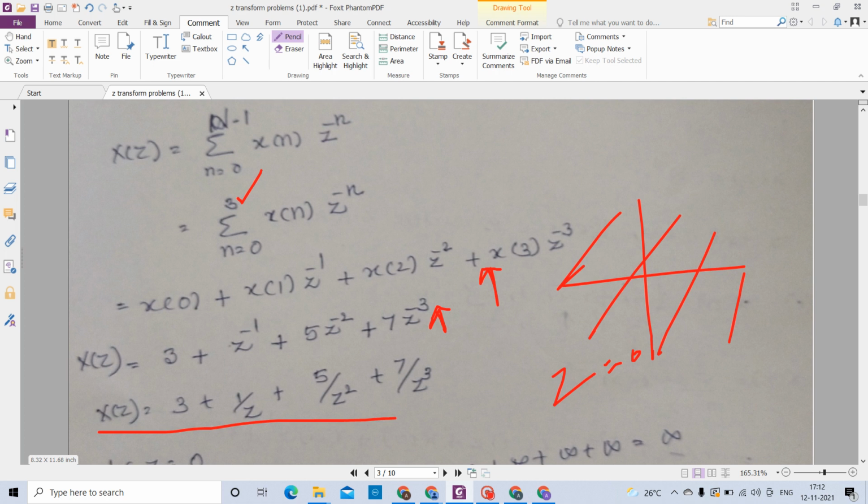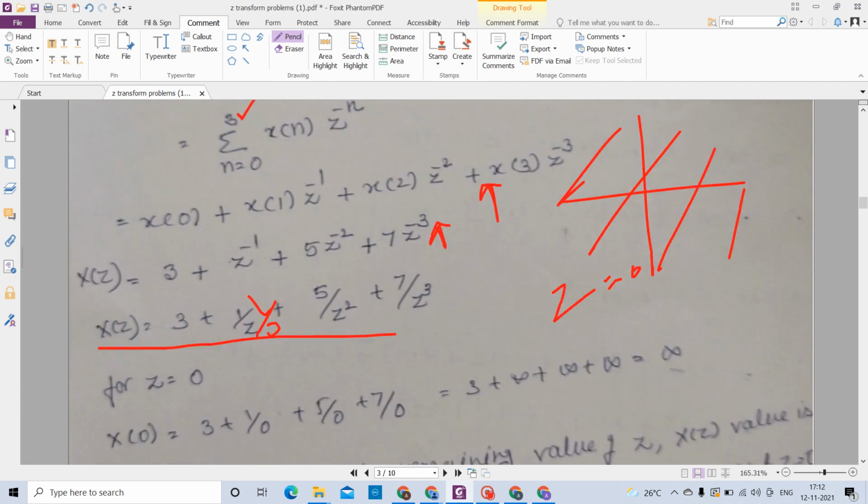Just apply the value of Z as 0. It becomes 3 plus 1 by 0, which is infinity, infinity plus infinity. So the X of Z value is infinite, it is not finite. Actually it is a finite right hand side causal sequence, but it becomes infinite, so we are omitting the value Z is equal to 0.